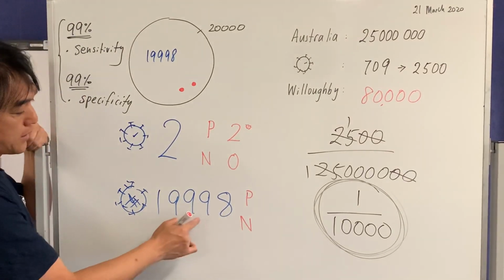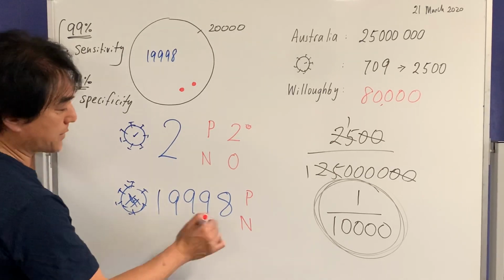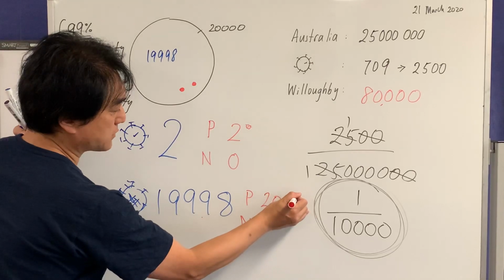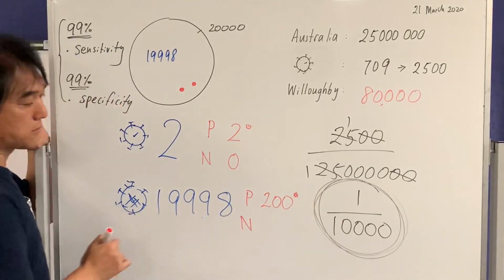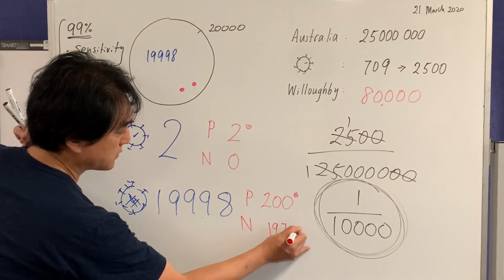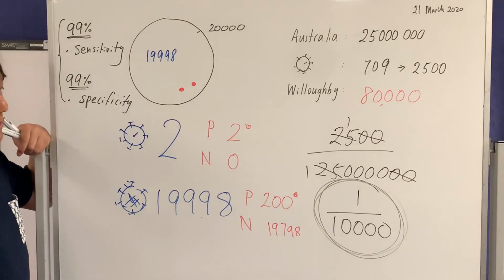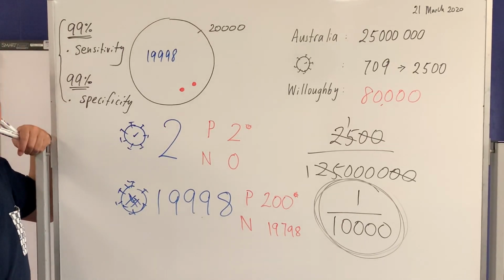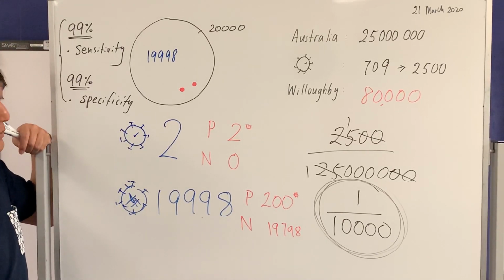That's this divided by 100, so about 200 people. The test says you have coronavirus. And just for the sake of maths, 19,798 people all received the result saying you don't have coronavirus.